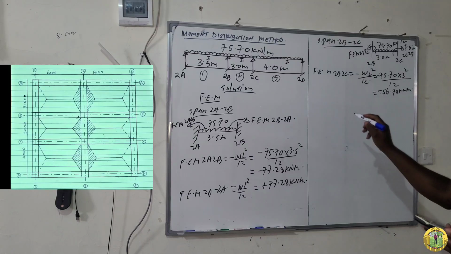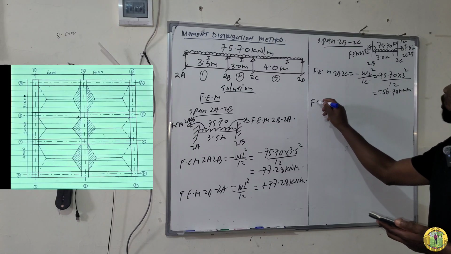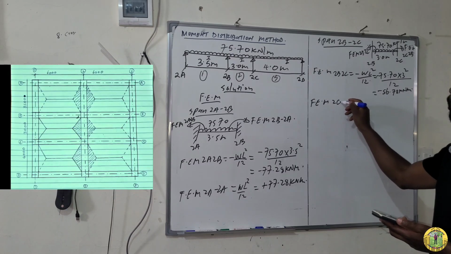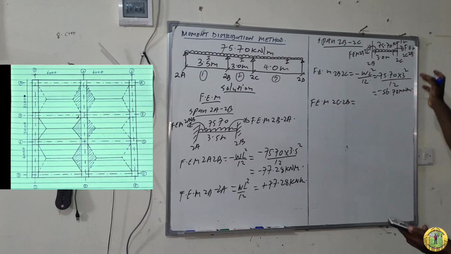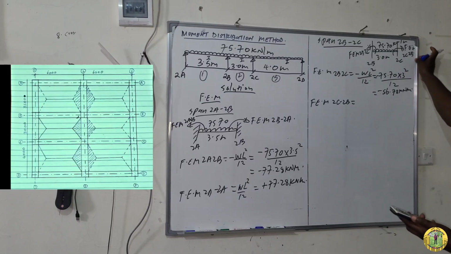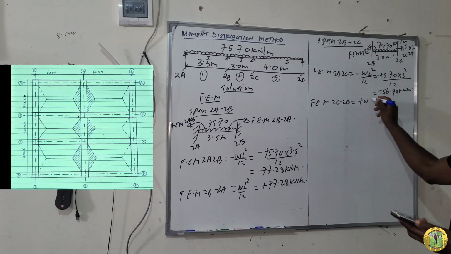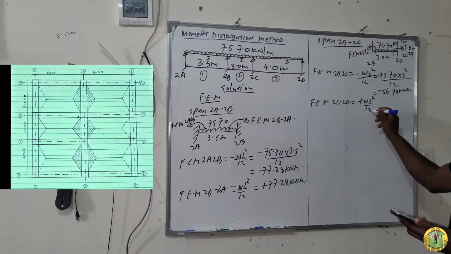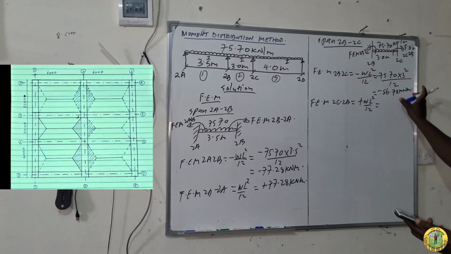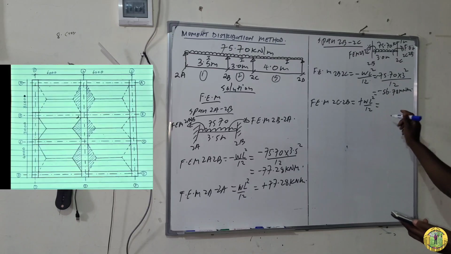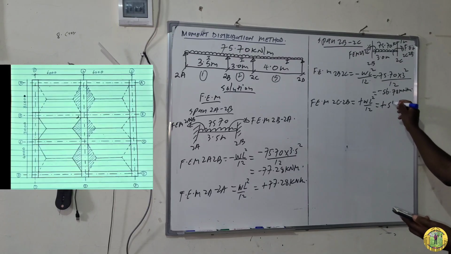Then we proceed to fixed end moment 2C, 2B. This one is in the direction of clockwise, plus WL square all over 12. So the values remain the same. What will change is the sign. So just say plus 56.78 kilonewton meter.